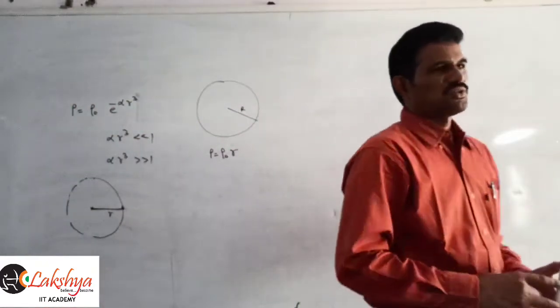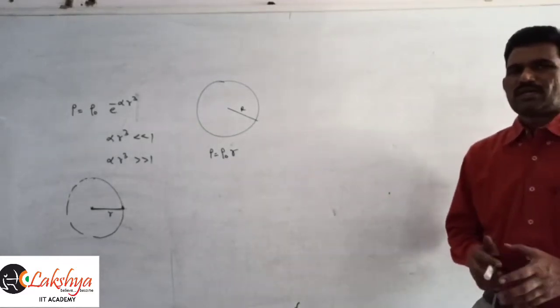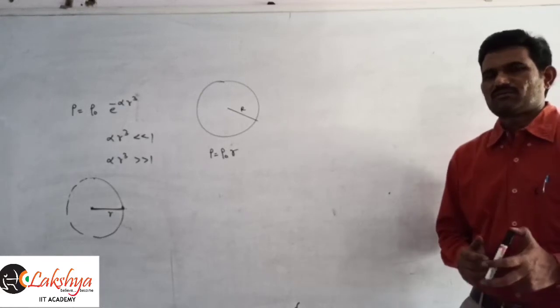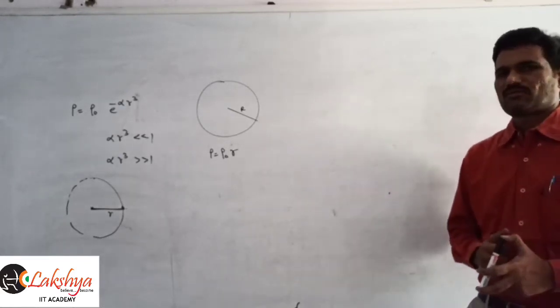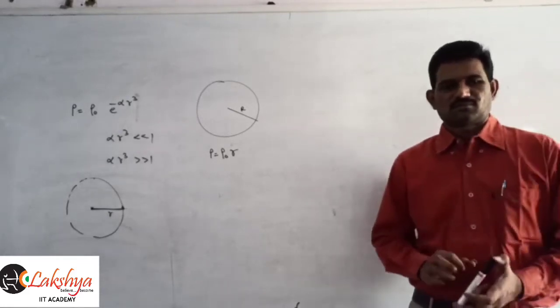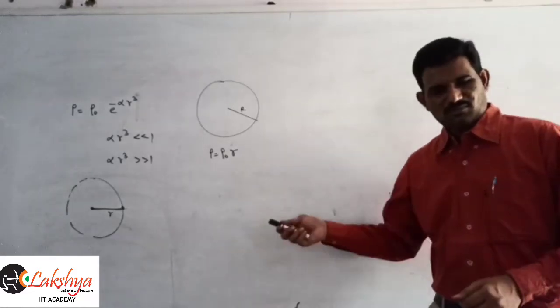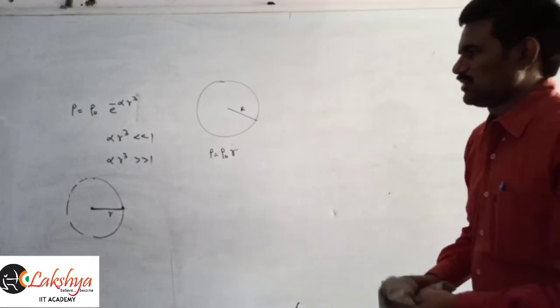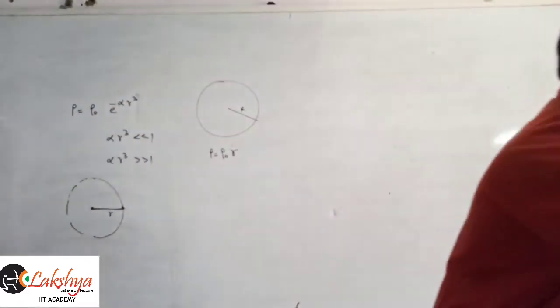Then find the expression for intensity of electric field inside and outside the sphere, right? It is similar to the first problem, just the function is different. So try these two problems here.